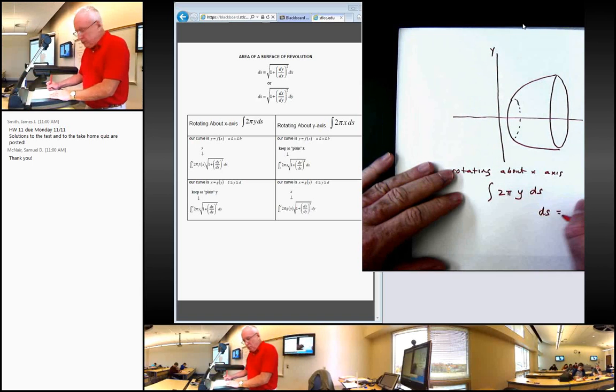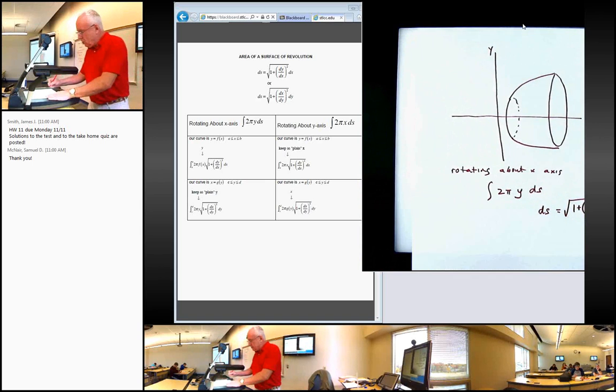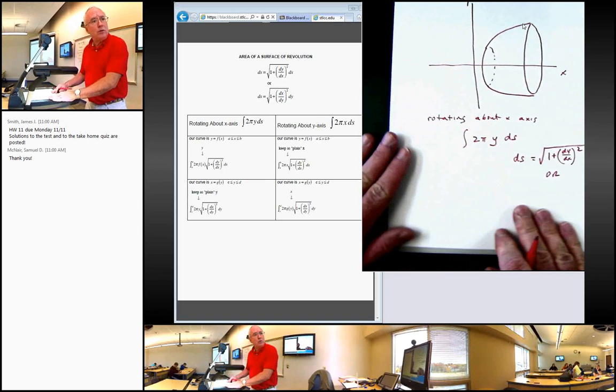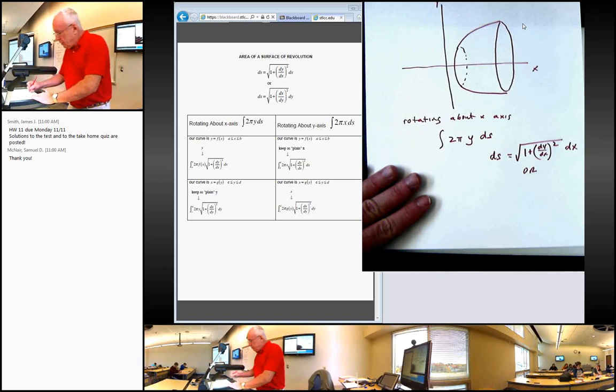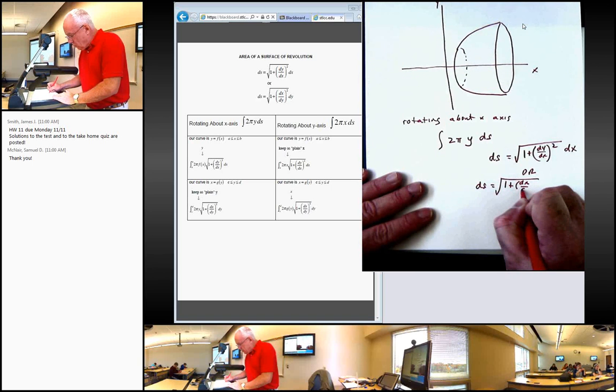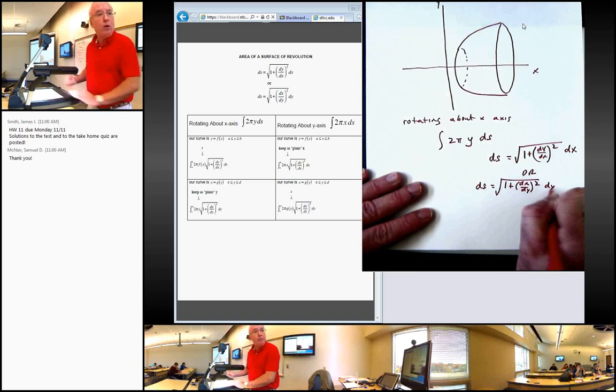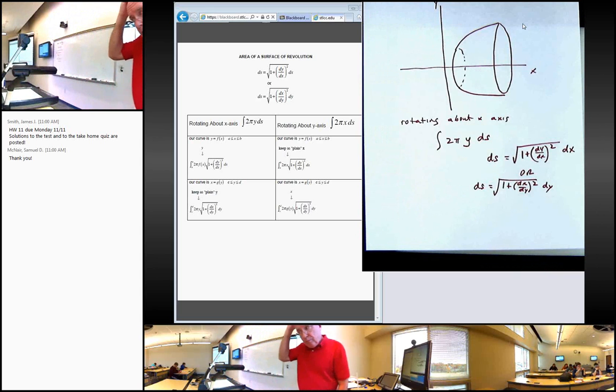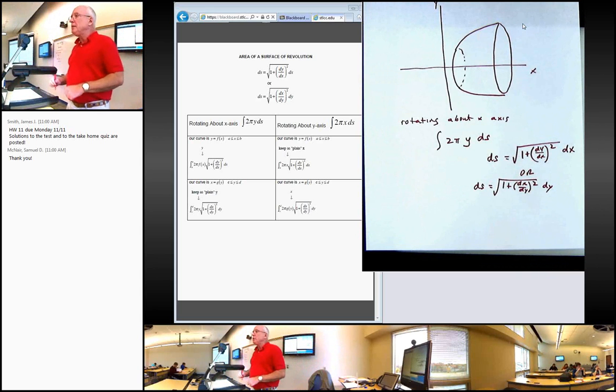That either equals the square root of 1 plus (dy/dx) squared, times dx, or ds is equal to the square root of 1 plus (dx/dy) squared, times dy. Which of those two we use depends on how our curve is given. We're going to go through some examples with that.